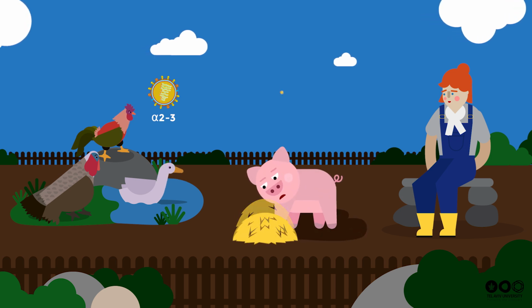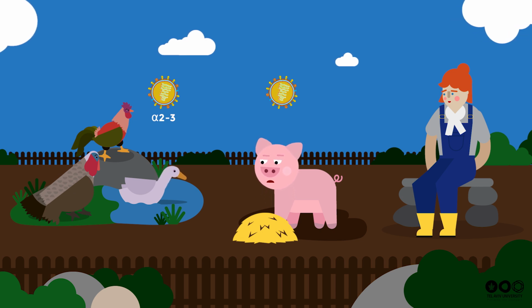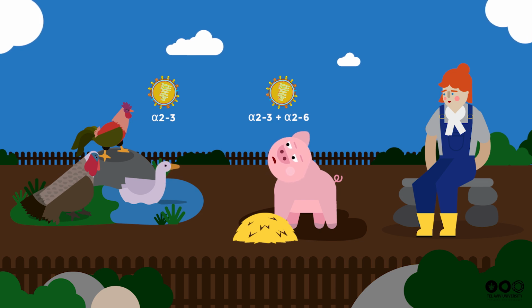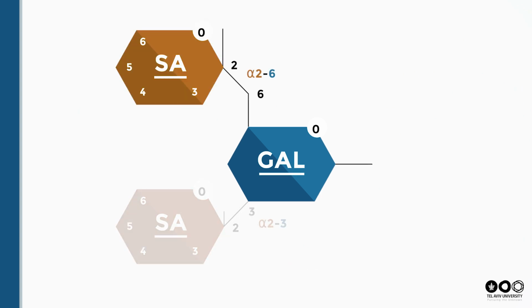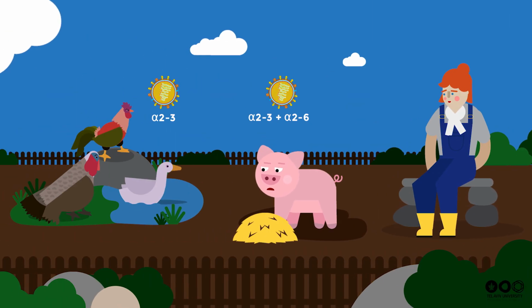Pigs are funny. They actually have 2 forms of sialic acid on the cells of their lungs. One is exactly the same as the bird receptor, while the other is a variation of sialic acid that is different, yet remarkably similar to that found in the lungs of humans. So think about it. When an infected hen sneezes on a neighboring pig, the pig gets flu.